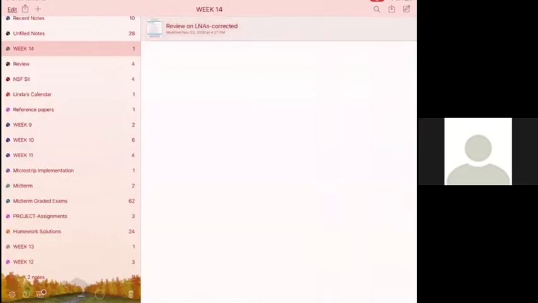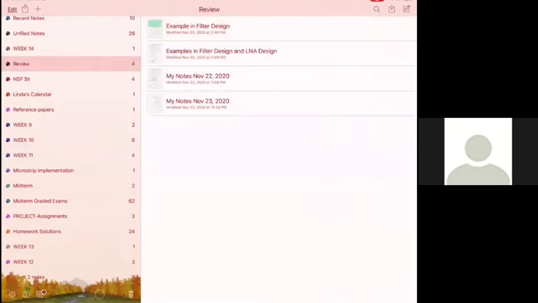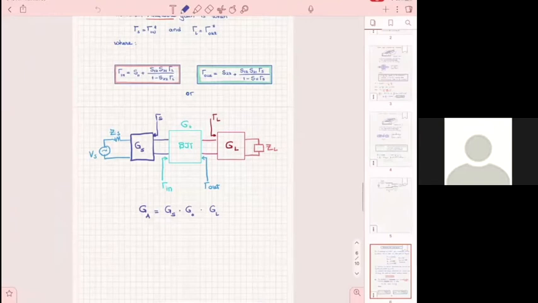And if we go now to our problem, the available gain is the power available from your amplifier towards the load, divided by the power available from the source to the amplifier.